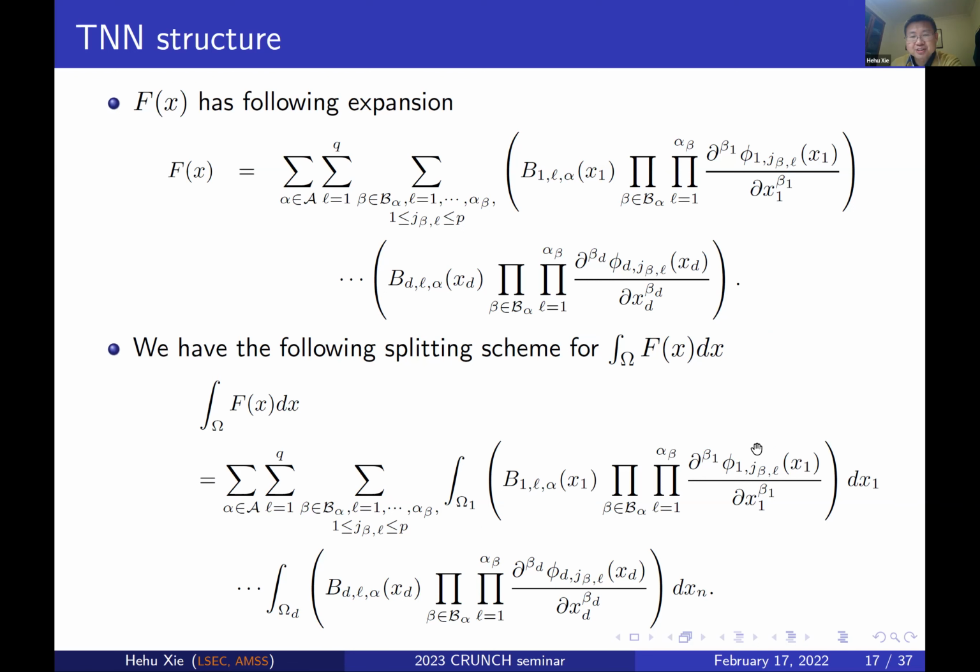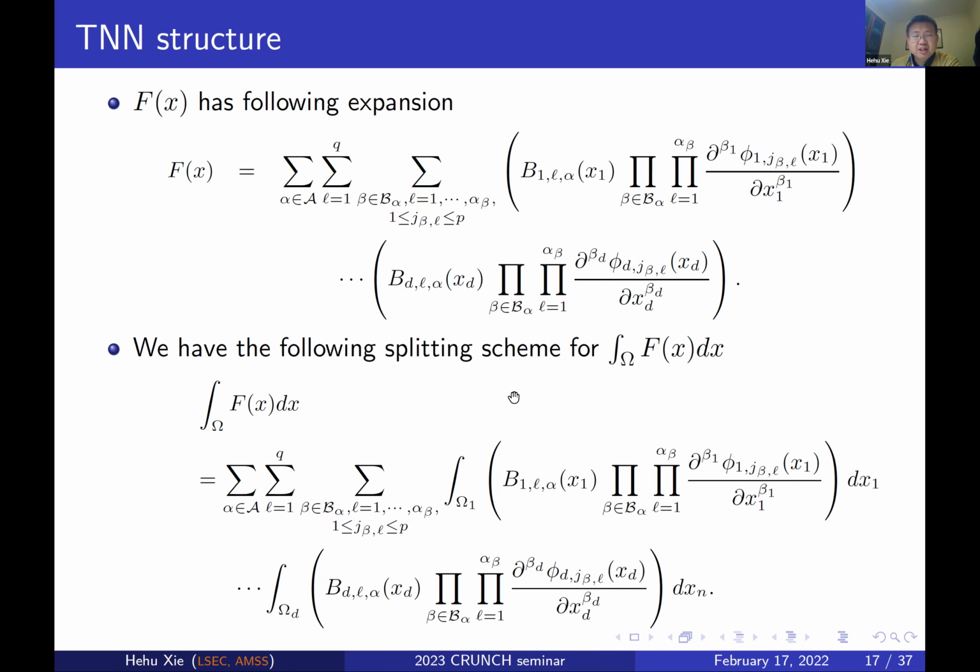Actually this is a one dimensional function, and this is a one dimensional integration, and then we do the summation. So this is our way to do the high dimensional integration for the TNN function.